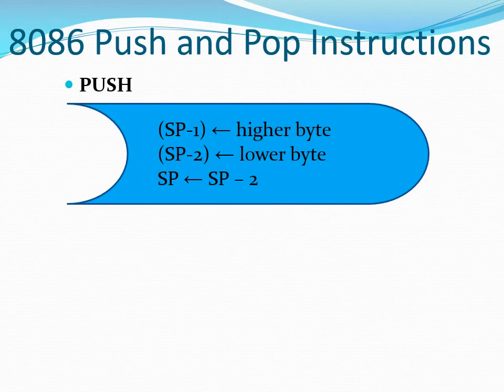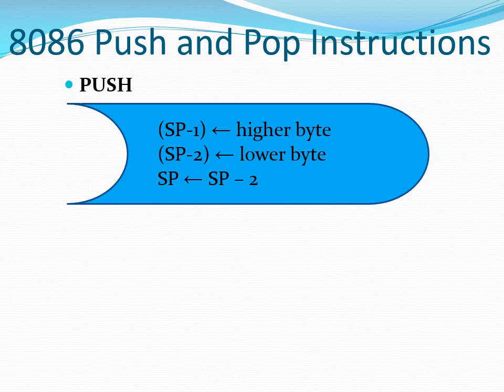This is an illustration of the 8086 push operation using word equations. For a 16-bit value pushed to the stack, the higher byte goes into the memory location pointed to by SP-1, and the lower byte goes into the memory location pointed to by SP-2. SP is decremented by 2.